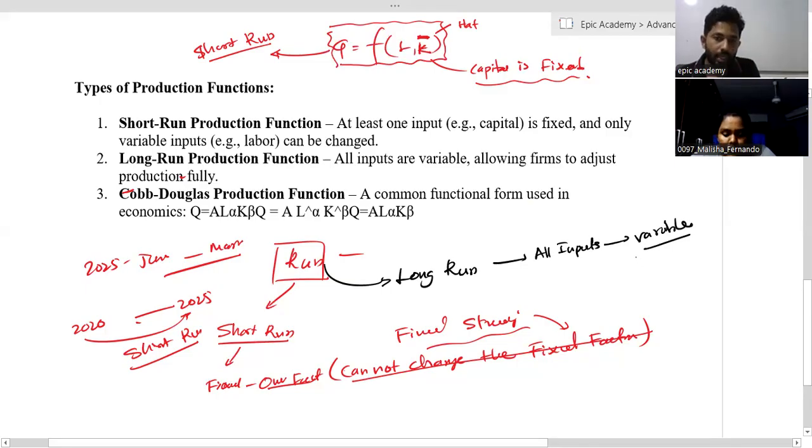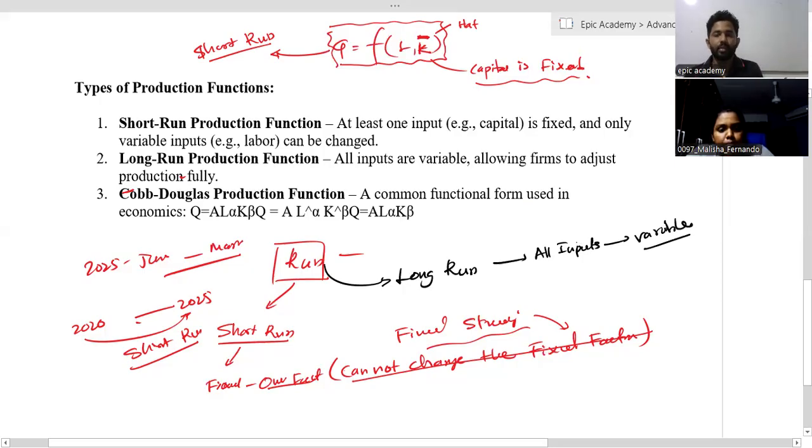So if any organization conducts their production activities in the long run time period, that's the meaning. They can change each and everything. Every input becomes a variable input. There's no fixed input in that time period.